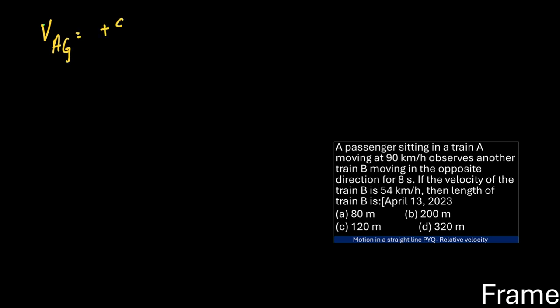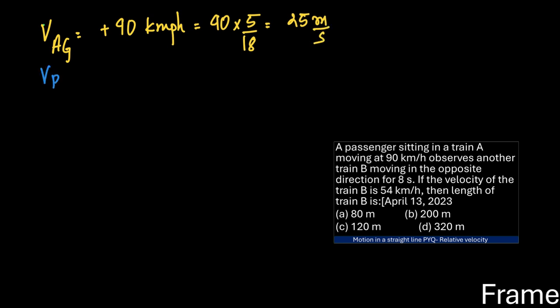Plus 90 kilometer per hour, right? Which is 25 meter per second, right? What is the velocity of B with respect to ground? It is given to us as minus 54, right?